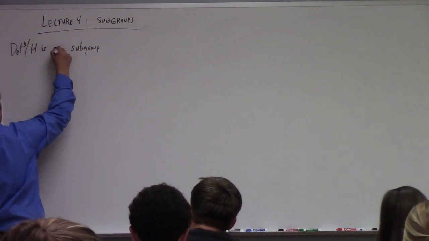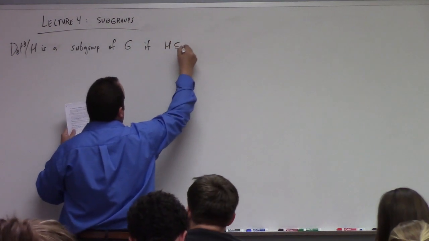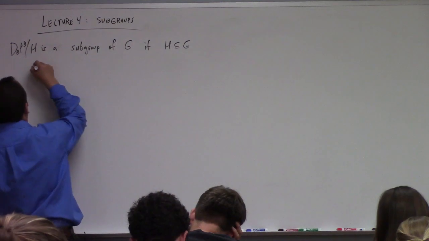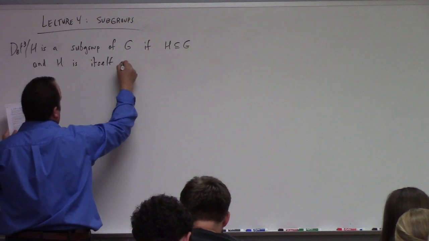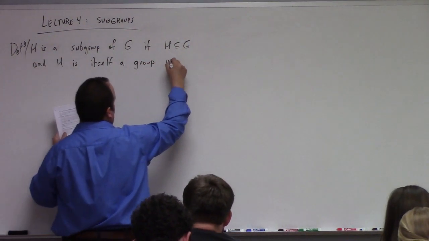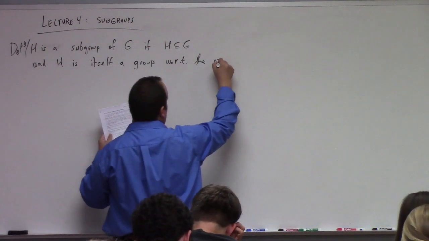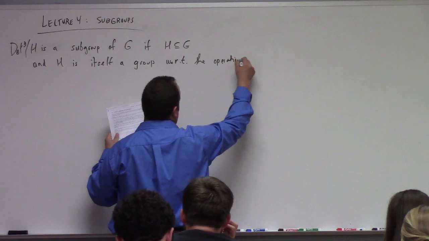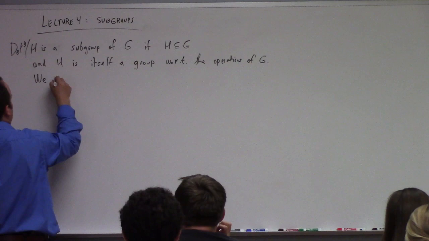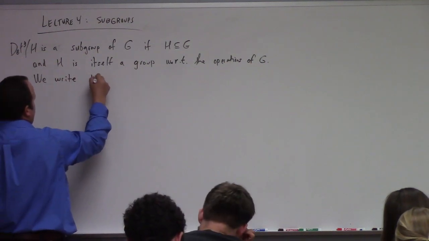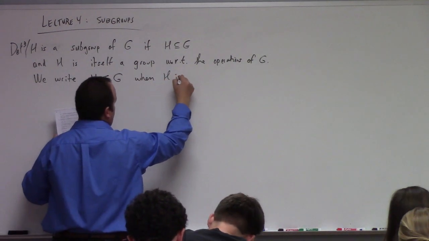H is a subgroup of G if H is a subset of G and H is itself a group with respect to the operations of G. We write H less than or equal to G when H is a subgroup.